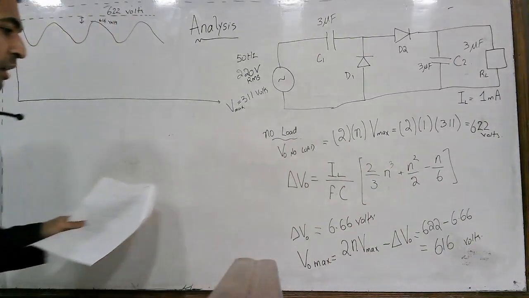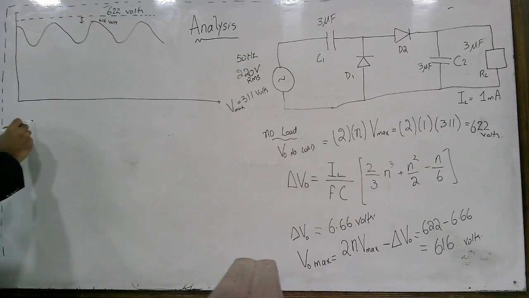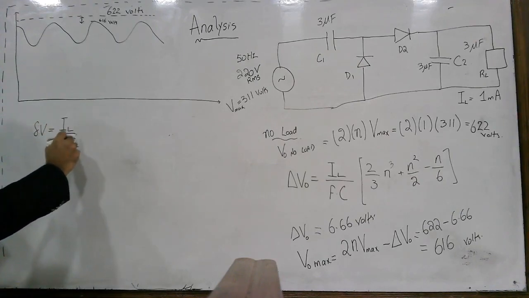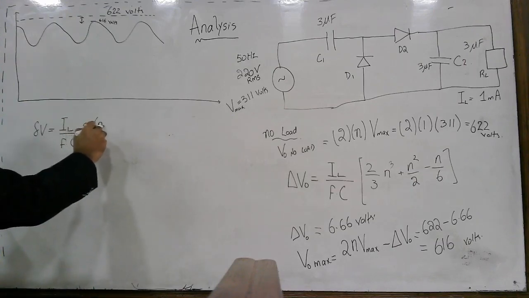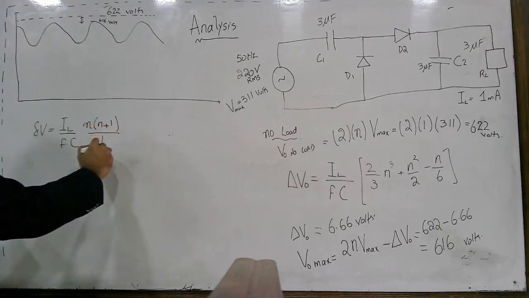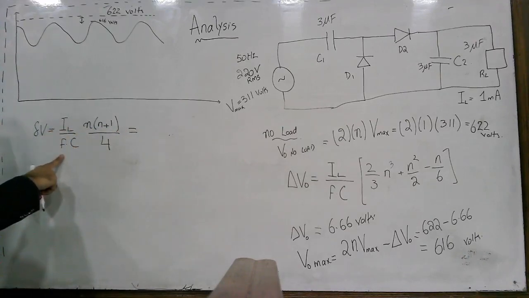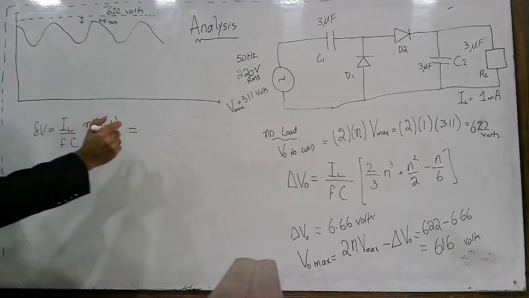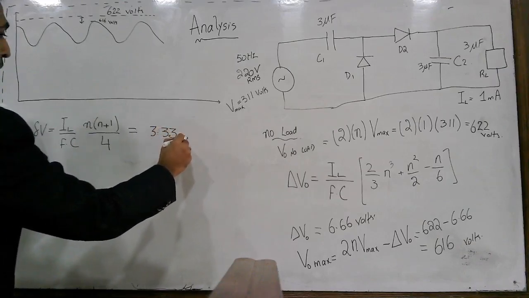Another important thing here is, what is the voltage ripple? The voltage ripple comes out to be again IL divided by F into C, into n plus 1 by 4. And you know IL is 1 milliampere, frequency 50 hertz, capacitance 3 microfarad, N is 1, so it comes out to be 3.33 volts.